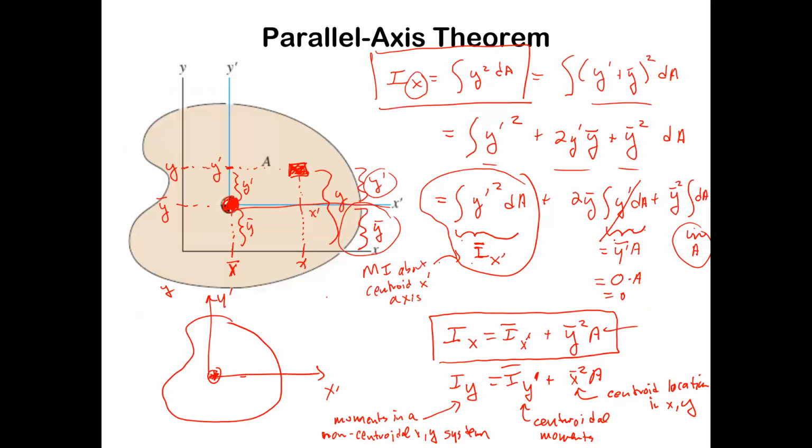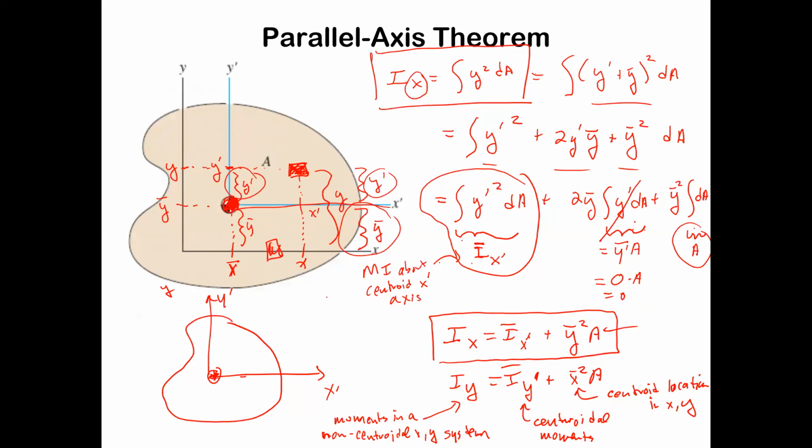And the middle term cancels out. It's a little bit tricky to see that, but what we're talking about with the middle term is integrating y prime dA, and with the y primes, some of the dAs have positive y primes. Another dA down here would have a negative y prime, and the centroid is defined to bisect the positive and negative evenly.